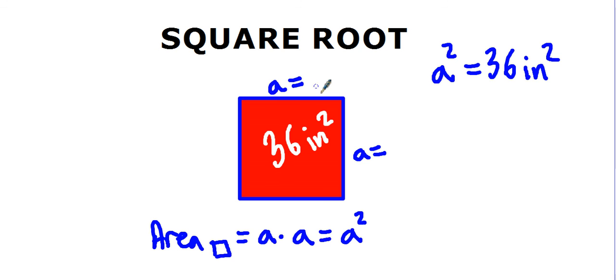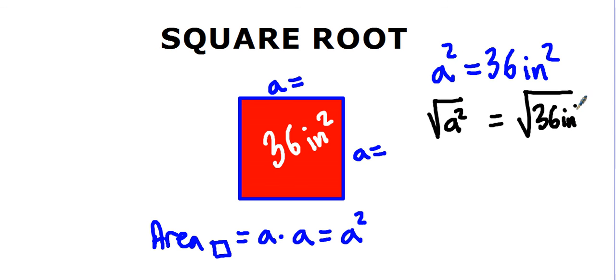So what we need to do here is take a square root. We will take a square root of both sides: the square root of A squared and the square root of 36 inches squared. The square root of A squared is A, because that's what we multiplied to get A to the power of 2. Remember, A times A is A squared, so the square root of A squared is A.